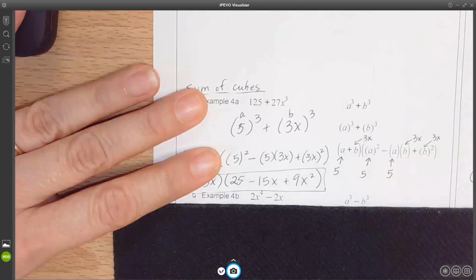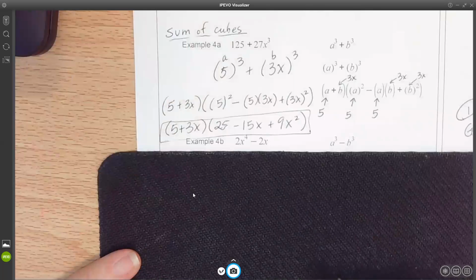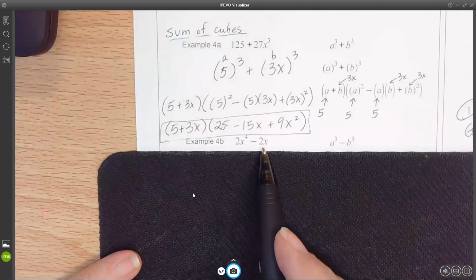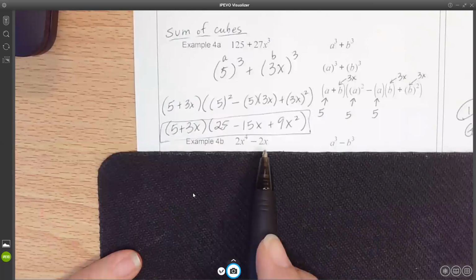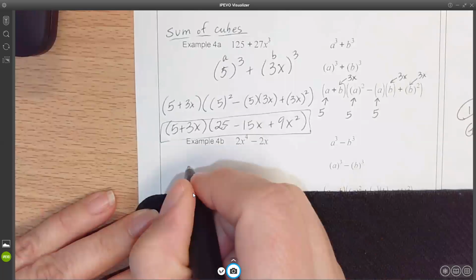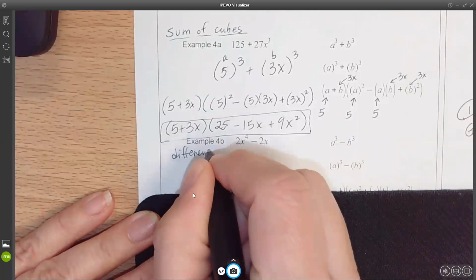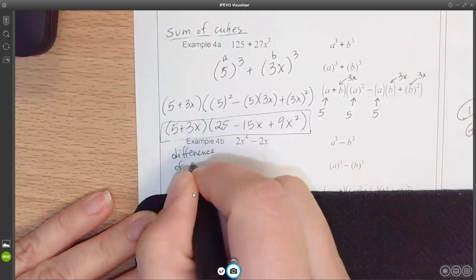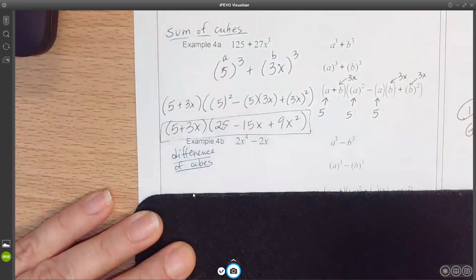I have another example here, and it's a difference. It's not obviously a difference of cubes, but hopefully you notice right away that there is a greatest common factor here. So first thing I would do, grab my difference of cubes example.